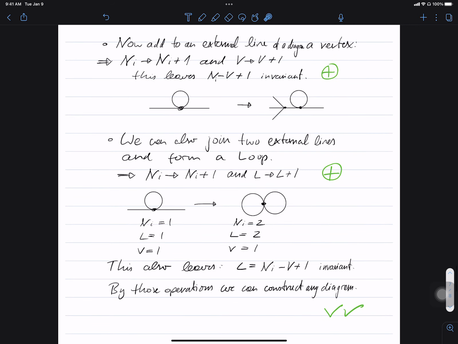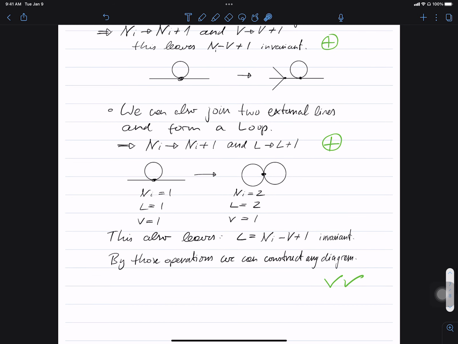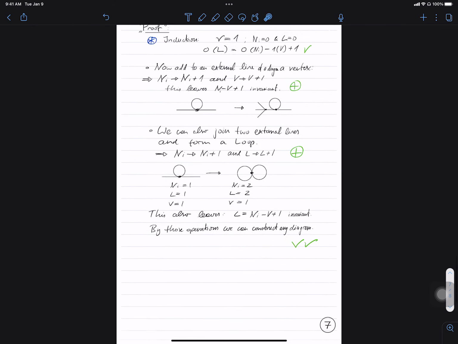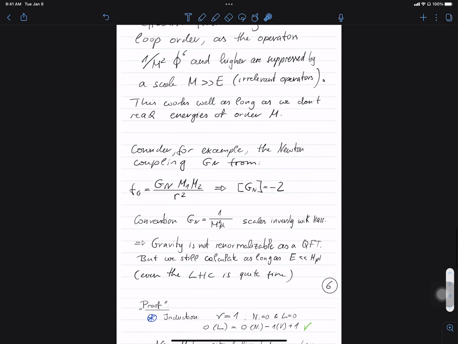And since we can basically construct any diagram by successively applying those, either adding a vertex to the external lines or connecting external lines into loops, we can essentially construct any diagram we want. And so this equation in general holds: number of loops equals number of internal lines minus vertex number plus 1. So that is what we needed to prove.